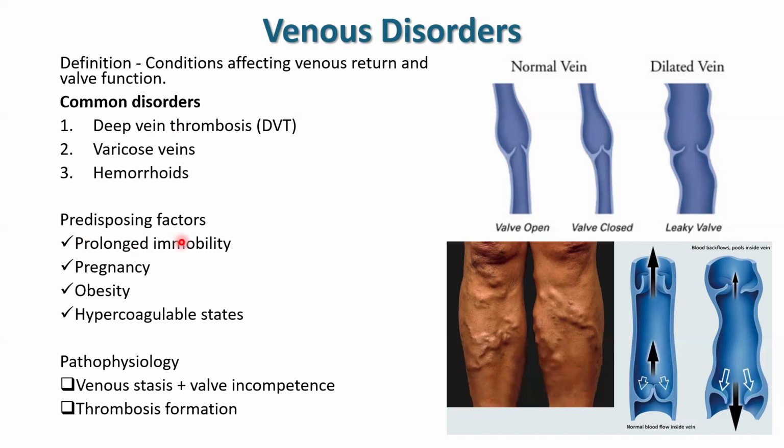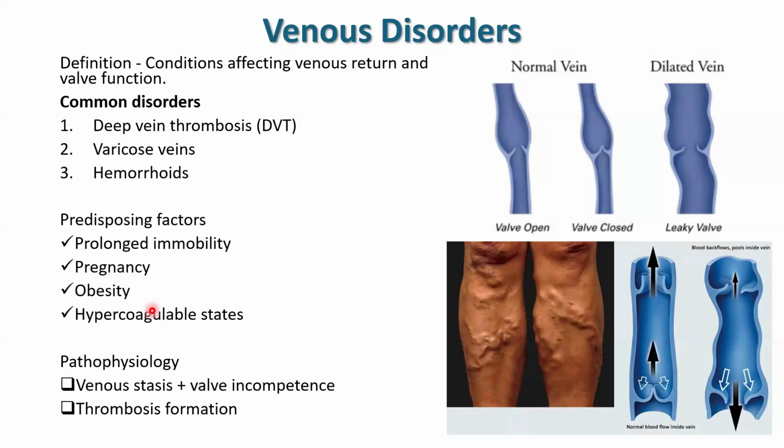Predisposing factors: immobility, or actually resting. People who sleep a lot or are in one place a lot, maybe driving or resting for prolonged hours, 8, 9, 10 hours, 20 hours in one place. That prolonged inactivity can lead to these disorders. Then pregnancy, where you'll be less mobile.